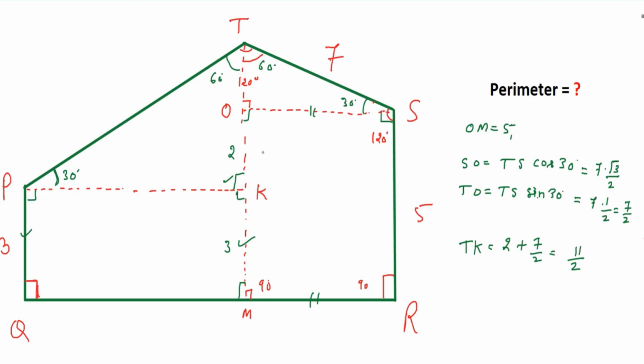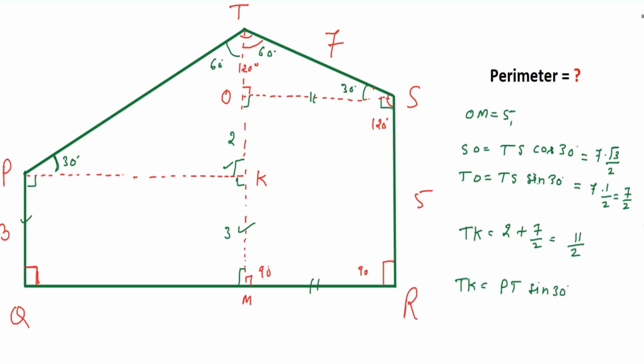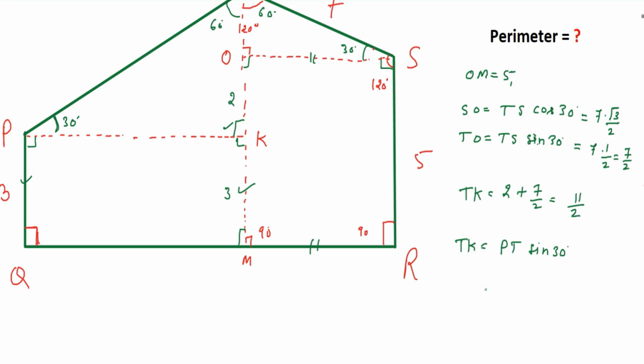So in right angle triangle TKP we can write TK is equal to PT sin 30 degrees. So from here we have TK, that is 11 divided by 2, and PT we have to find out, and sin 30 is 1 divided by 2. So from here PT will be 11 units of length.